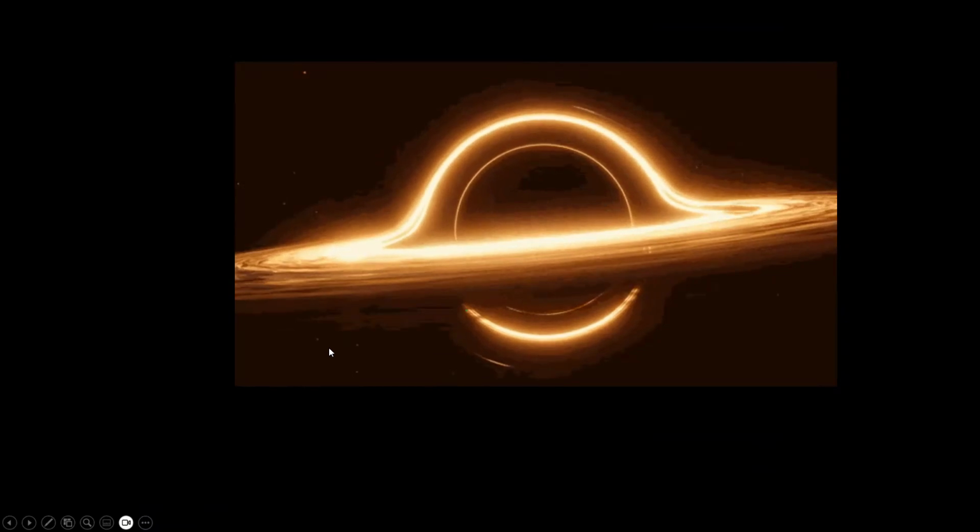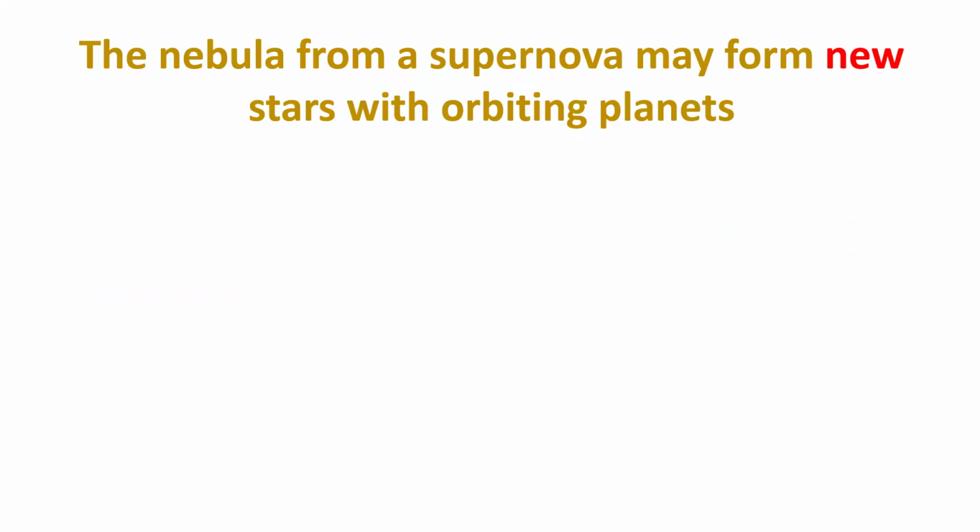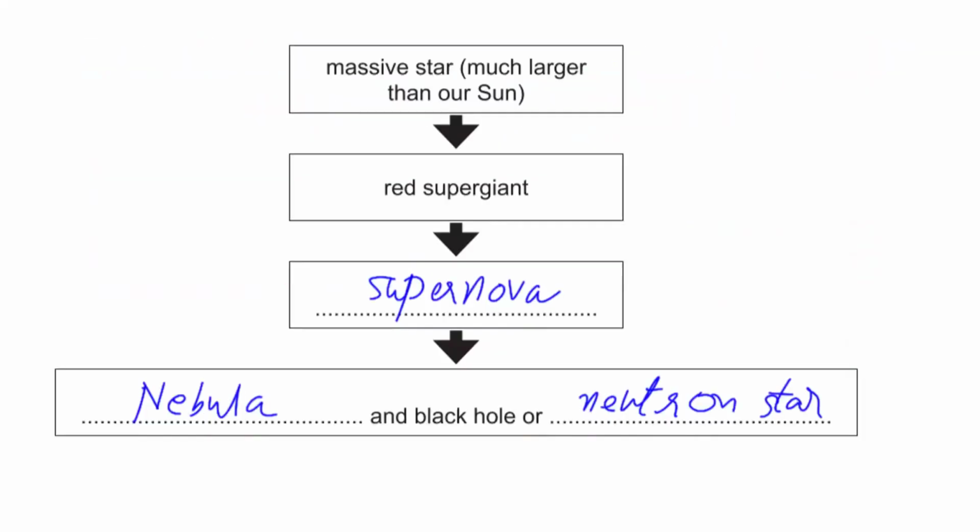And we had a discussion earlier that it has huge gravity and virtually nothing can escape it. Now, the supernova, then what happened? Massive stars turn into red supergiants, a supernova explosion occurs, then a nebula, and a black hole or neutron star.